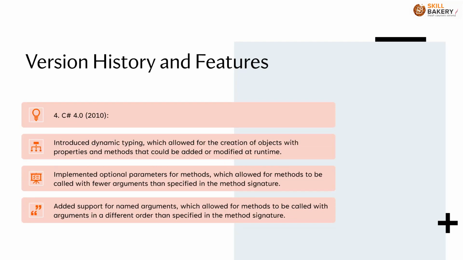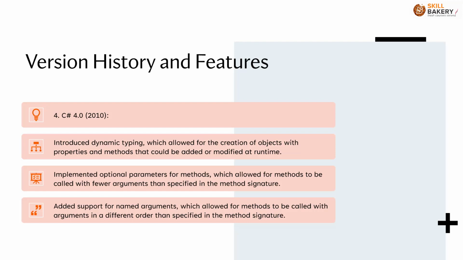Then in C# 4.0, dynamic typing was introduced, which allowed for the creation of objects with properties and methods that could be added or modified at runtime. Implemented optional parameters for methods, which allowed for methods to be called with fewer arguments than specified in the method signature.